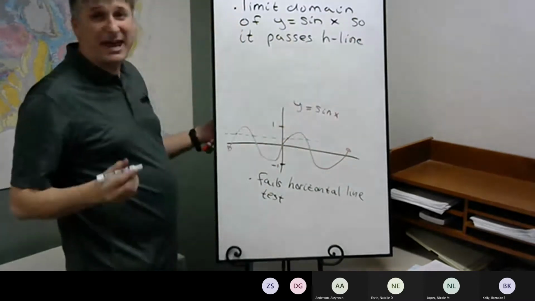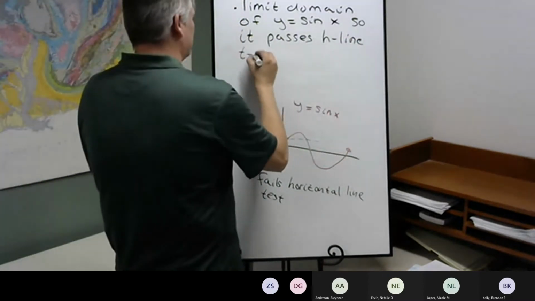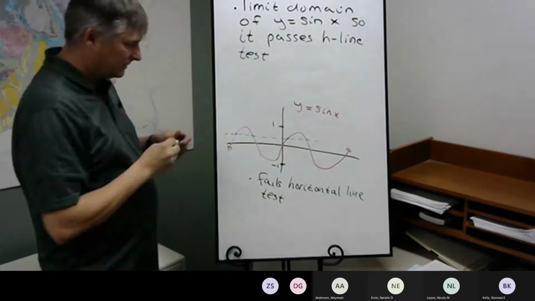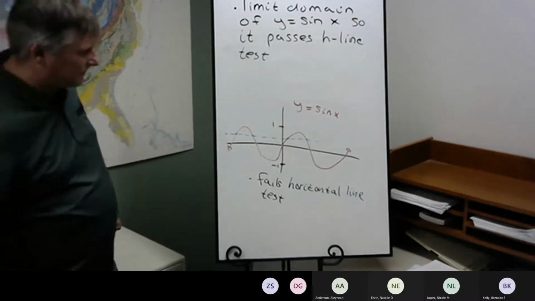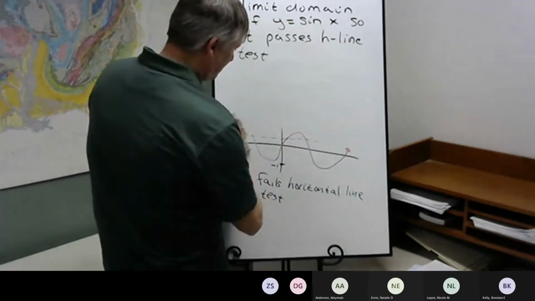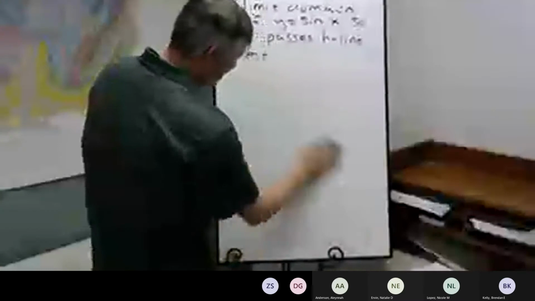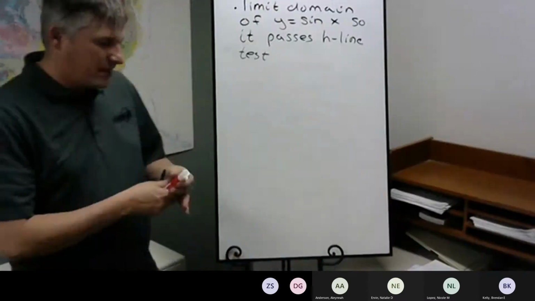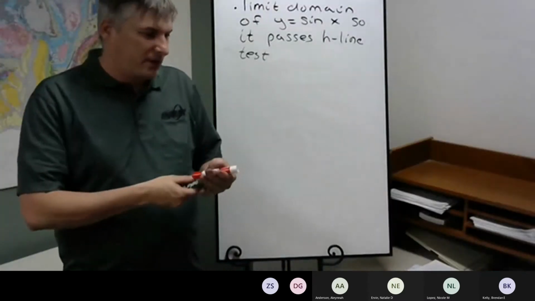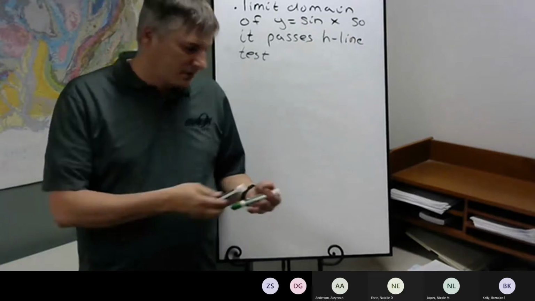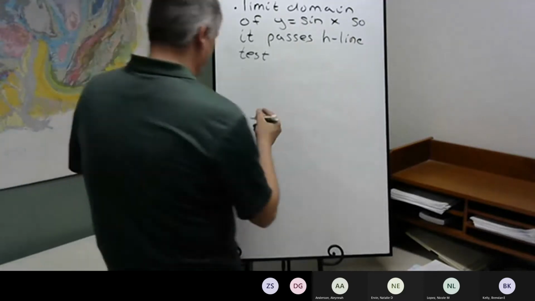Abbreviate horizontal with just H line. So in math, this is what we've agreed upon for the limitation of the sine function. It's going to be this.